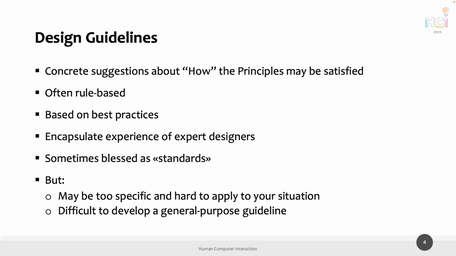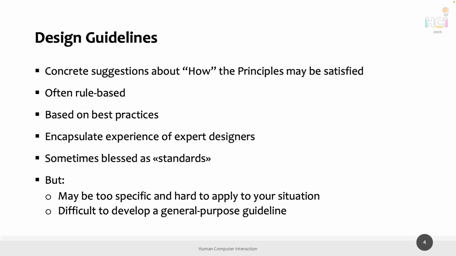So what are design guidelines? They are concrete suggestions about how the principles, which are more abstract, can be satisfied in a specific context. They are often expressed like rules, so they are rule-based, based on best practices.